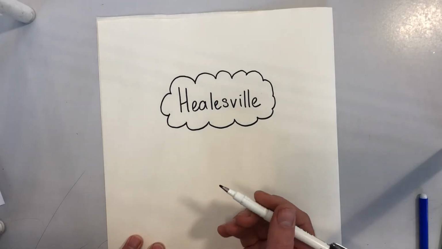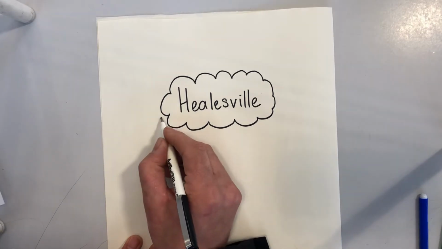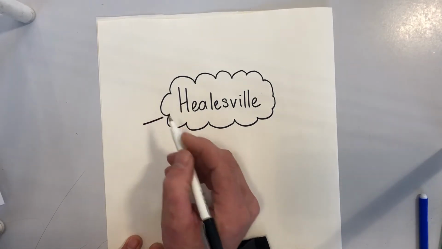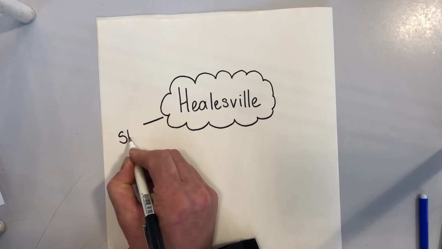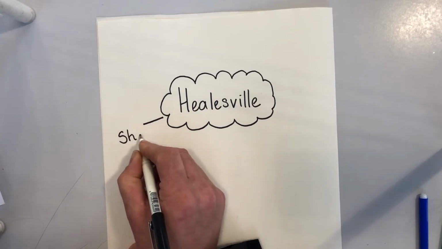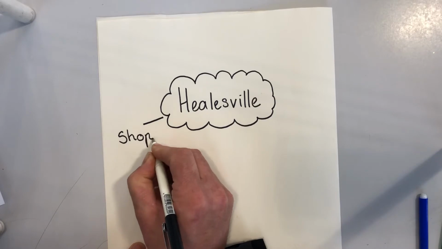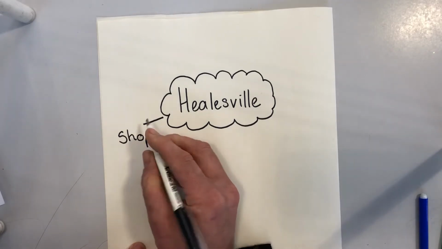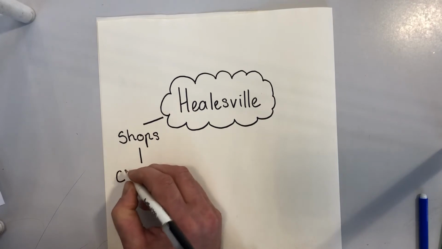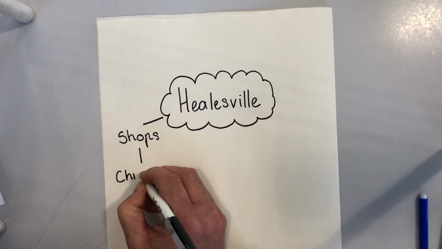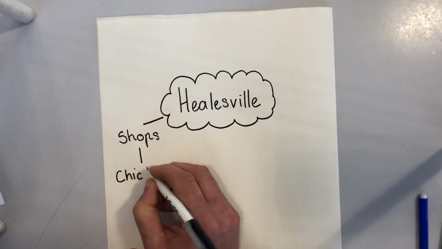Now, thinking about Healesville, Healesville has got lots and lots of shops. And straight away, I've gone to my stomach when I think about Healesville, because in Healesville, there's a bit of a treasure. At the shops, near Coles, I've discovered, and Mrs. Douglas helped me discover these. She told me about them the other day, and I went and got some for my family.